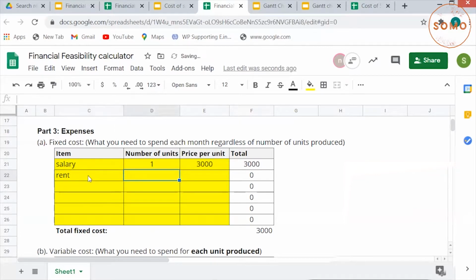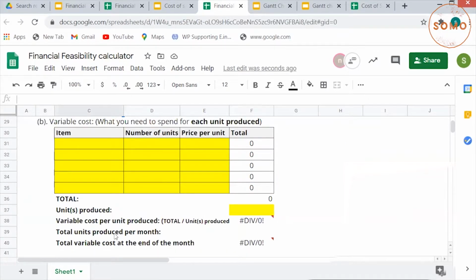The number of units is 1. That means 1 space. The price per unit is 1,000 shillings. That brings the total fixed cost to 4,000 shillings. Sarah incurs 4,000 shillings as her fixed cost at the end of each month.